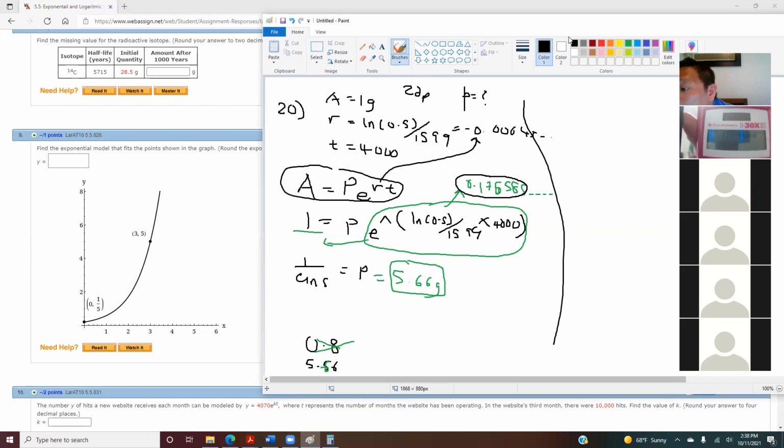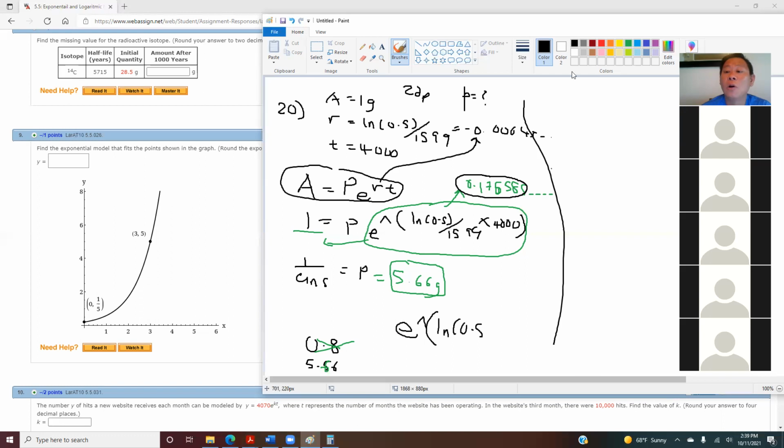So it's e to the power of ln 0.5 divided by... Okay, you need to close your parentheses. This is what you're missing here: a closing parenthesis. So when you do e to the power of ln 0.5, you need to close your parentheses here.